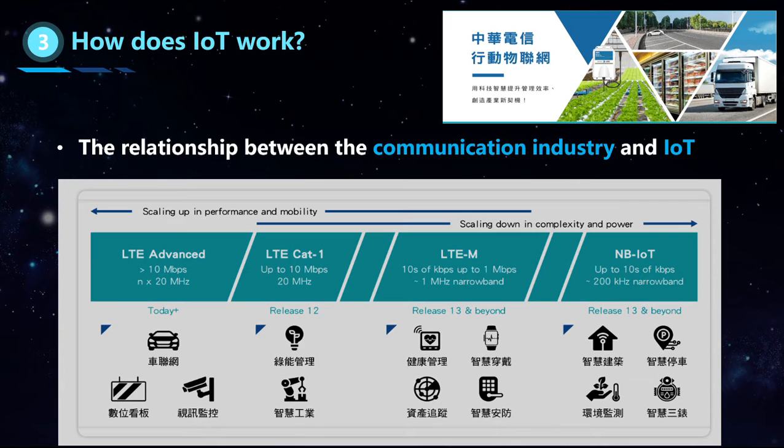Chunghwa Telecom is the first telecommunication company in Taiwan to provide NB-IoT and LTE-M. Customers can choose the appropriate mobile communication network according to product needs and build services that achieve continuous connection between people, machines, and systems.